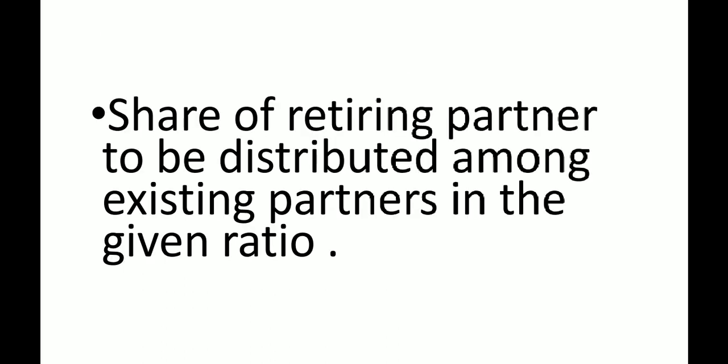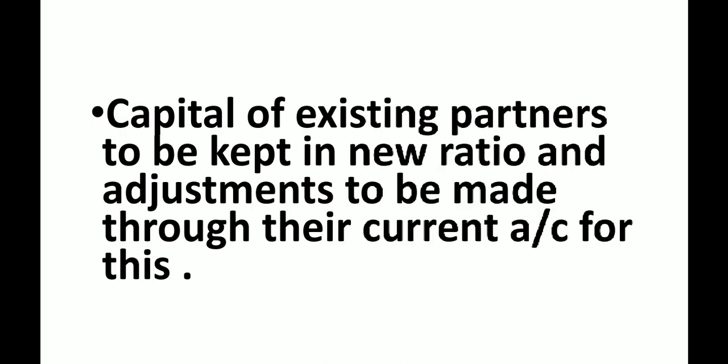As I said, this illustration has some new points, of which the first is presented on your screen: share of retiring partner to be distributed among existing partners in the given ratio. This was the very first adjustment given in illustration 21. We are completely done with this. We have solved this in the previous lecture. And this is the new point that we are going to solve in today's lecture.